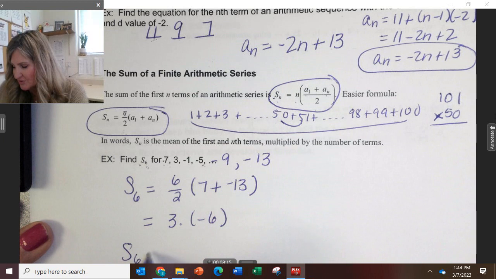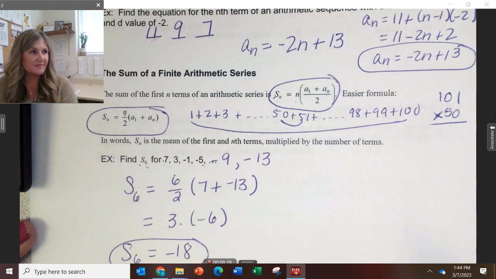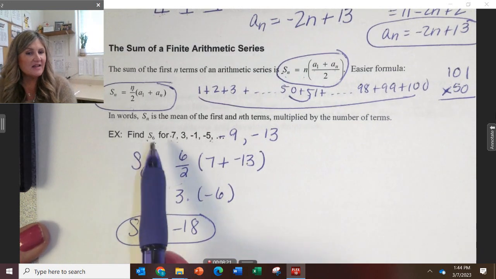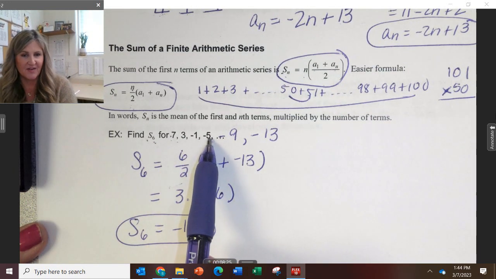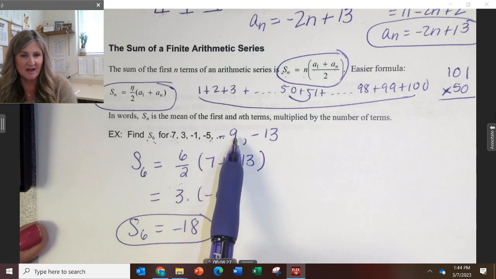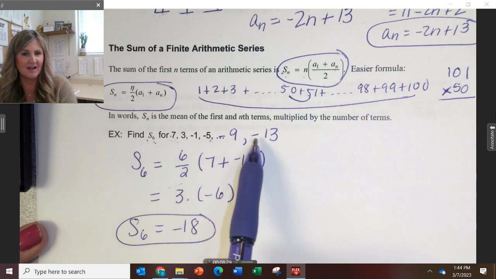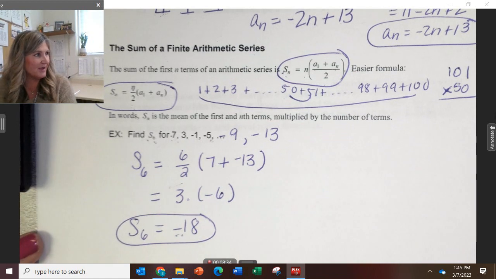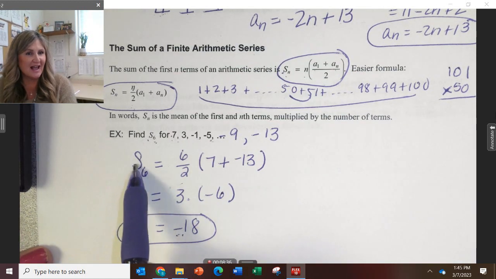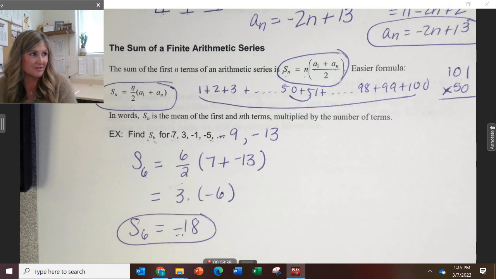So the sum of those 6 terms is going to be negative 18. On something that easy, I could have just done 10 minus 1 is 9, 9 minus 5 is 4, 4 minus 9 is negative 5, negative 5 minus 13 is negative 18. I could have just figured it out that way too. But we're not always going to have just 6 terms. We might have 100 terms.